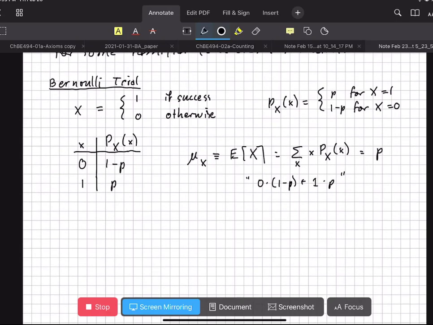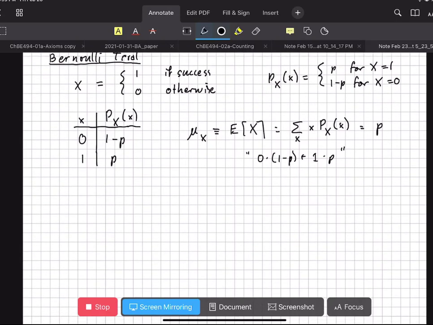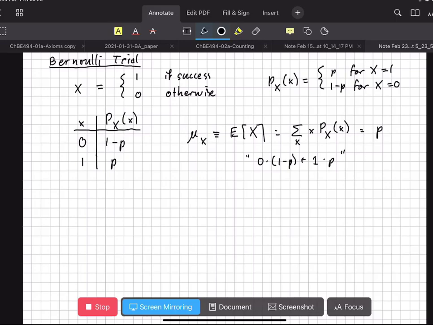All right, so what if I wanted to compute the variance for a single Bernoulli trial all by itself? That variance, by definition, would be the expectation value of my random variable x minus the mean of that random variable x, and I would square it. Okay? Now, of course, there's a computational formula that makes this easier in cases where you have lots and lots of outcomes.